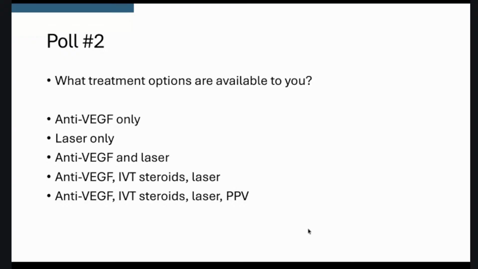I see there are a lot of people who have anti-VEGF and laser, but don't have access to intravitreal steroids. And very few people only have laser. And I'm glad that more people have anti-VEGFs than laser only, which is quite encouraging. So thank you for all your responses.